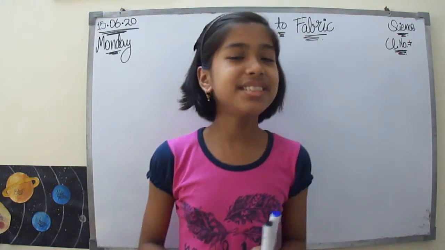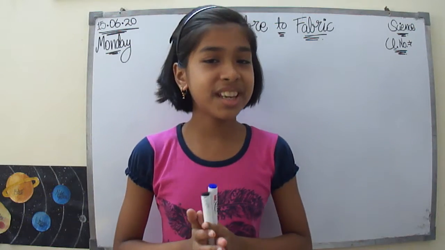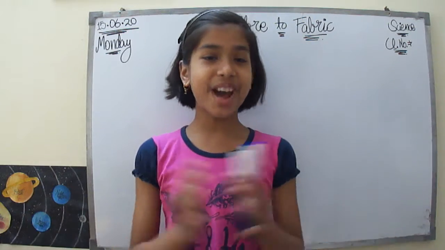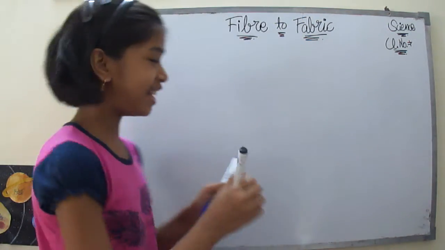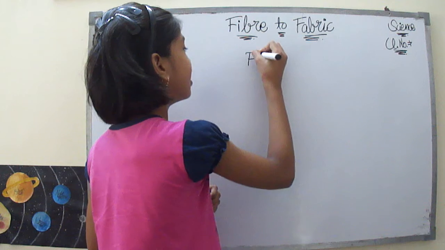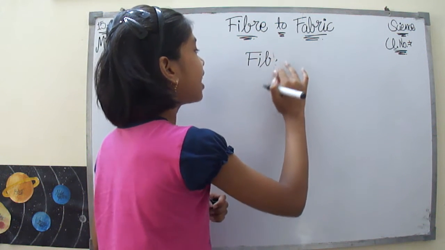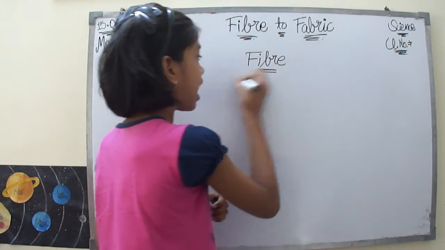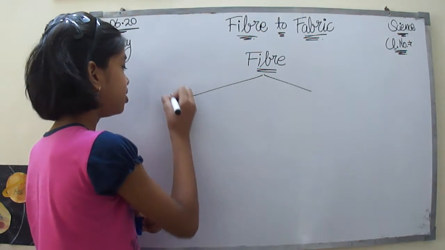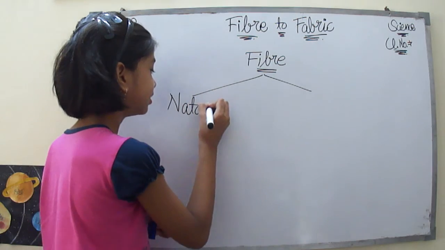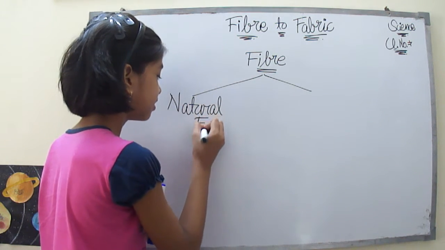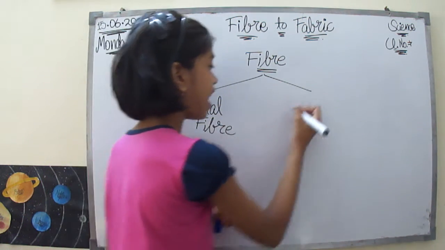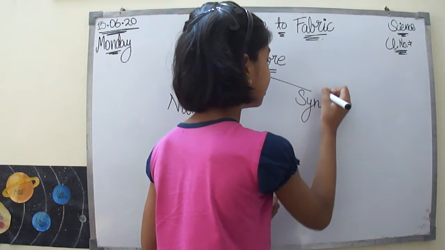Now let's move on. Today we are going to talk about two types of fiber. Okay, so let's write it down. The fiber could be categorized or classified as natural fiber and synthetic fiber.